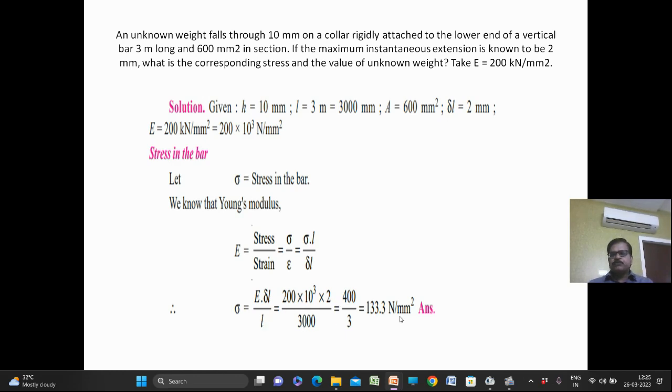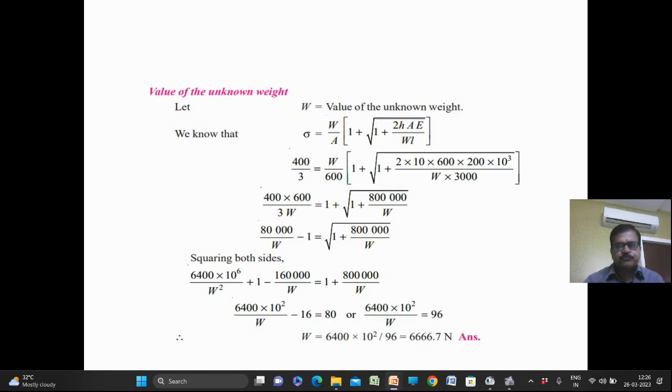So we got the instantaneous or the impact stress in the member as 133.3 Newton per mm square.